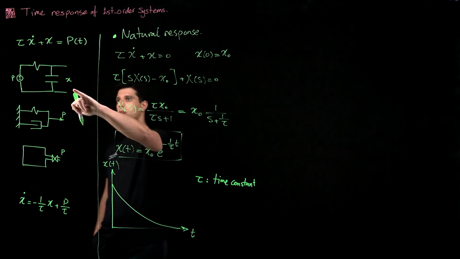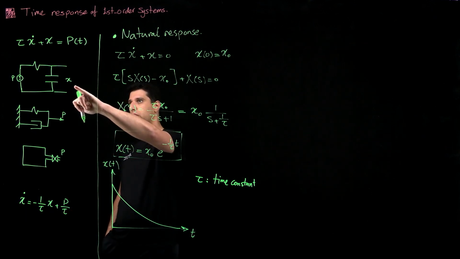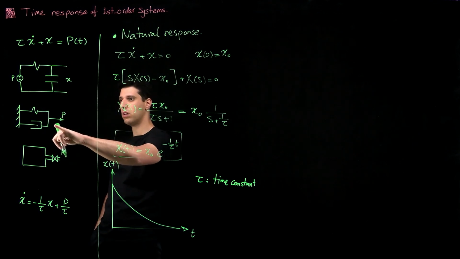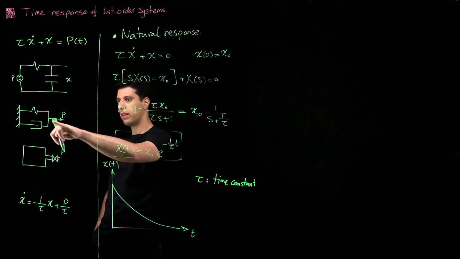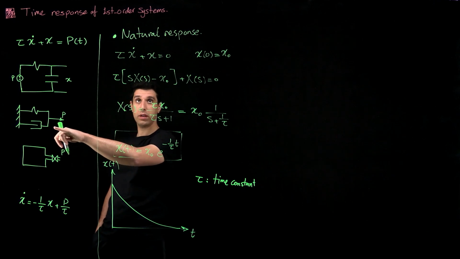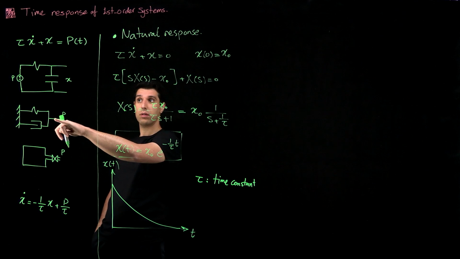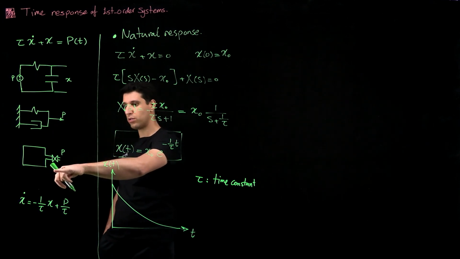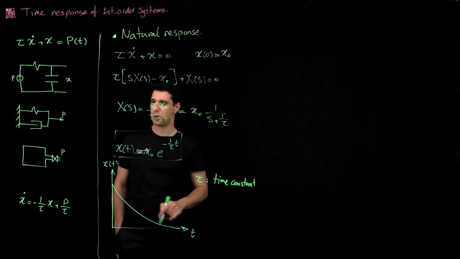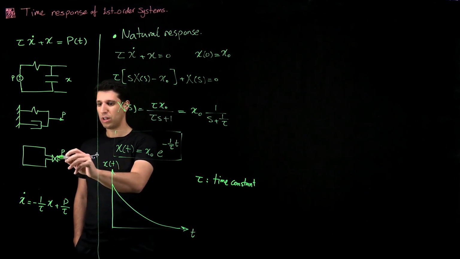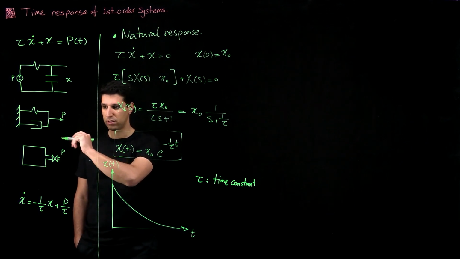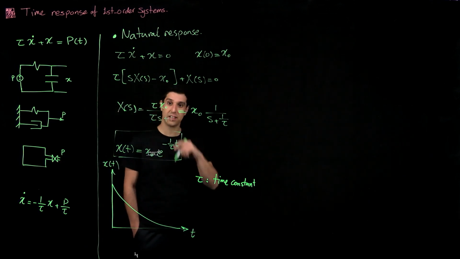So for this one, if I recall correctly, that's R times C. For this one, I think, it's b over k. For this one, I don't remember. It must be related to the resistance of this valve and something else. I don't know. Pneumatic is not my field.